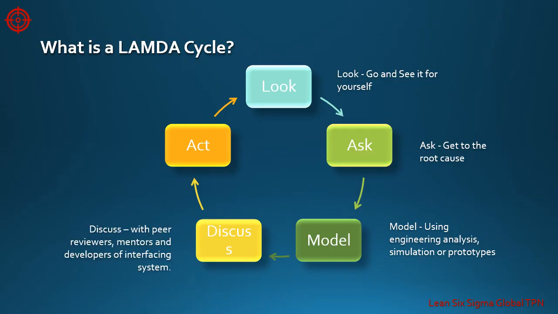Discuss is pull all the right people and expertise into the collaborative discussion about the visual models, and act is putting what you believe you have learned into action as quickly as possible so that you can then see the result, ask questions, and adjust your visual models accordingly, furthering those discussions.